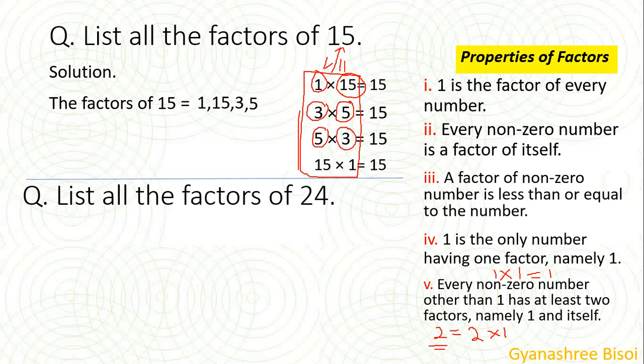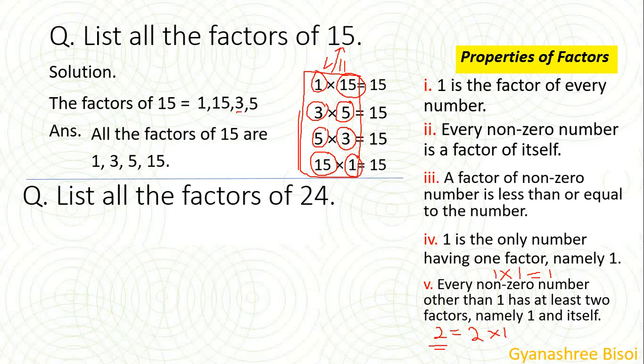Next one is 3; I have already written 3. Next one is 15; already written. Next one is 1; I will not write 1 again. Now the answer. All the factors of 15, in ascending order, are 1, 3, 5 and 15. So this is how we can find the factors of any given number.